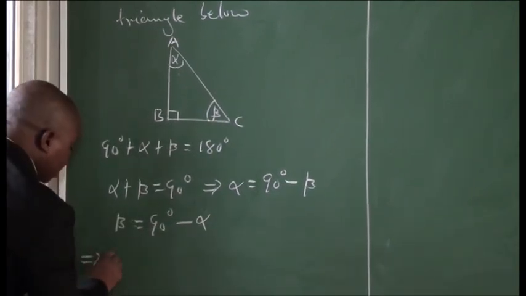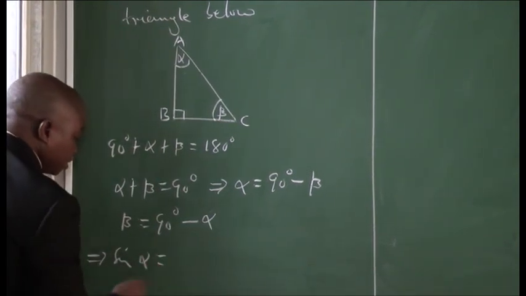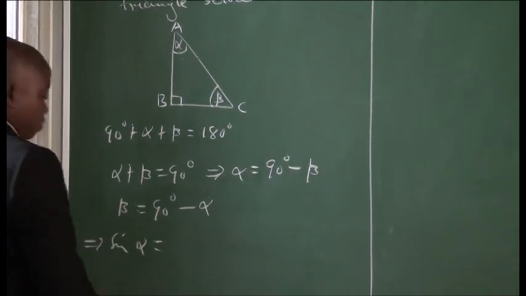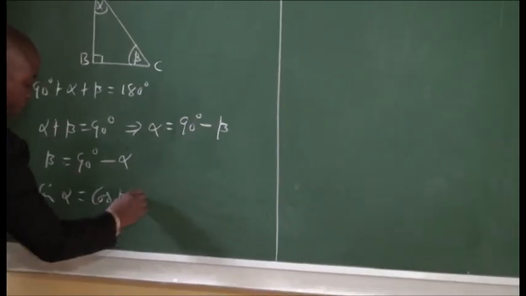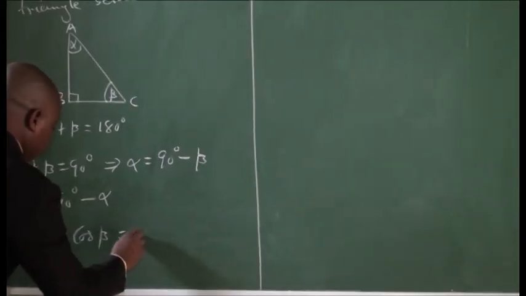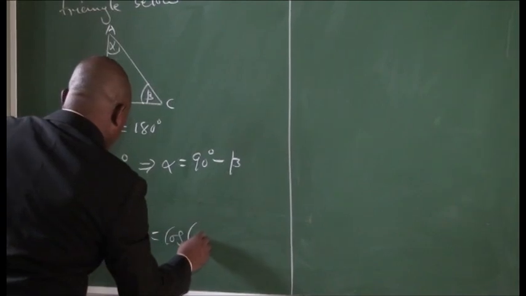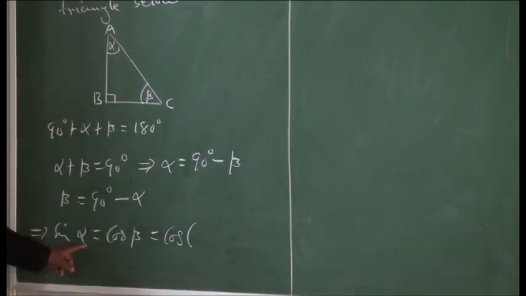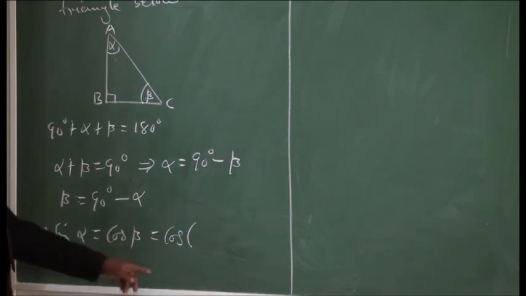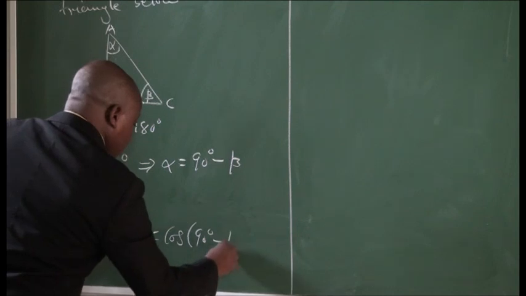Then it follows that sine alpha will be equal to cos beta, which is equal to cos of 90 degrees minus beta.